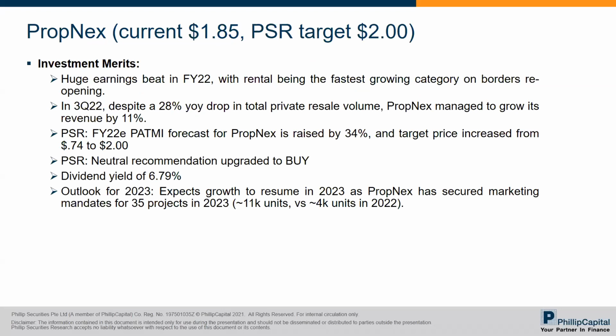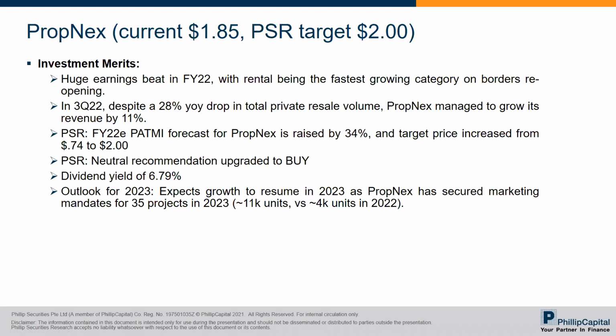And the earnings beat was despite a 28% year-on-year drop in private resale volume. So although the general market saw a 28% drop in volume, they still managed to outperform by a lot, and they saw a huge earnings beat for last year.